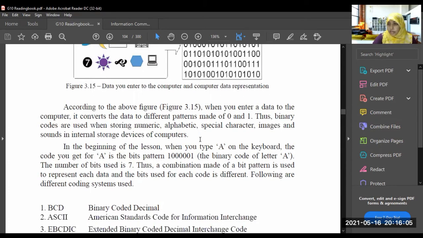We have already learned in the second chapter that when you input data to the computer, it converts it into the binary number system and takes it inside the computer.